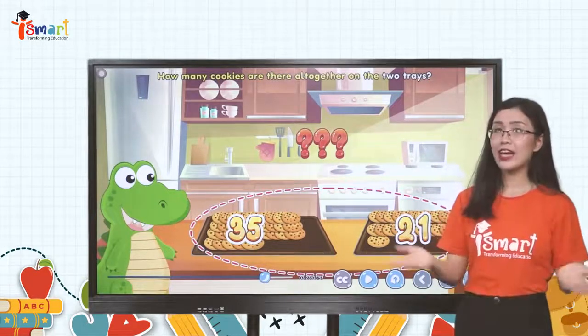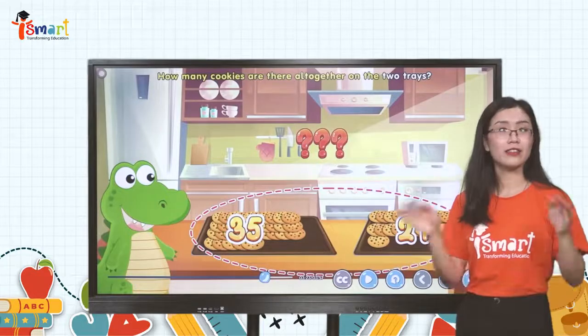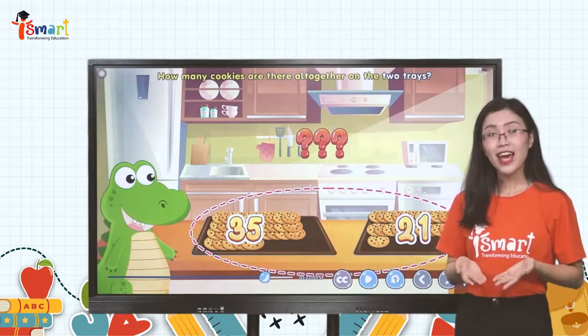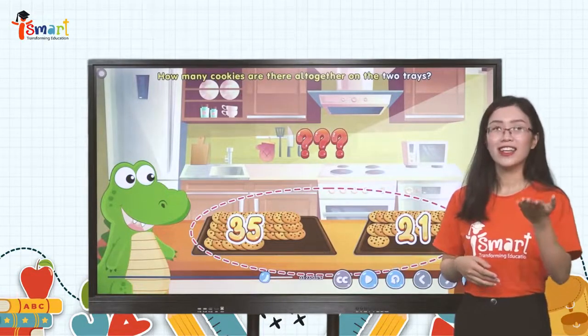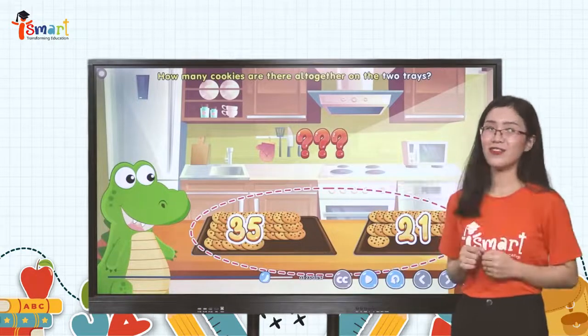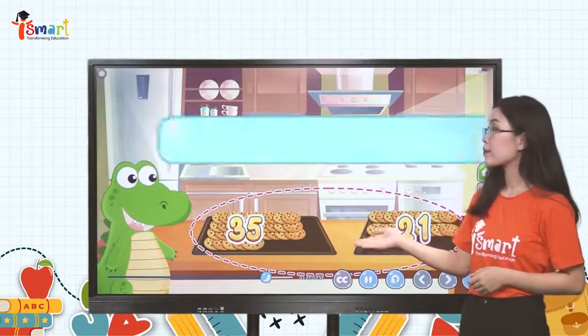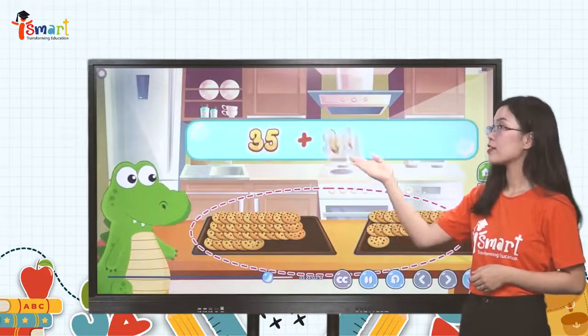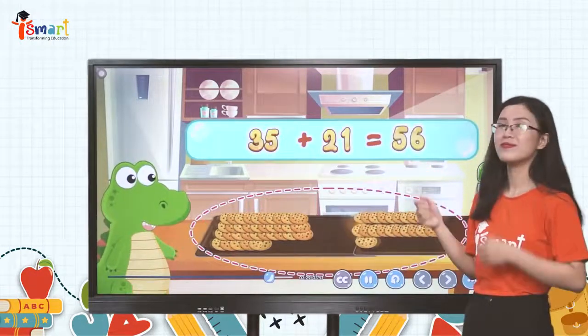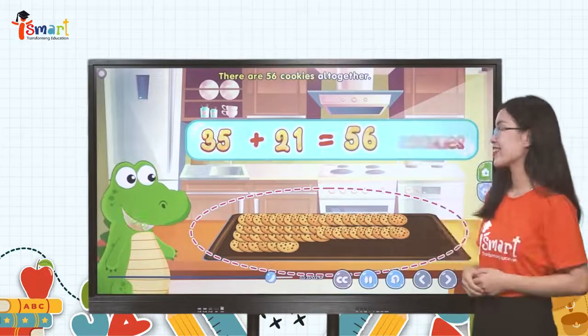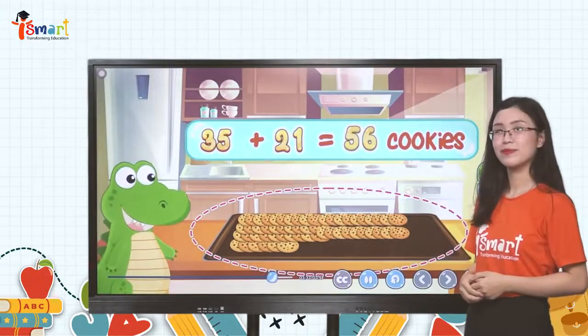How many are there in total, altogether? Yes, we use addition. That's right. So 35 plus 21 equals 56. That's right. There are 56 cookies altogether.